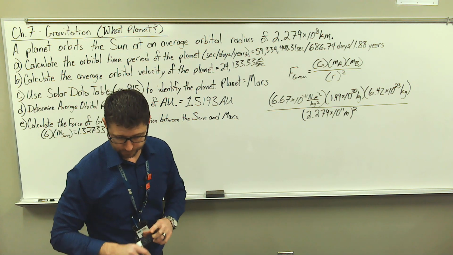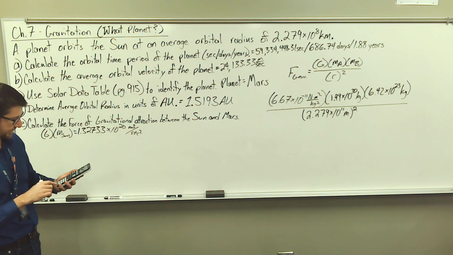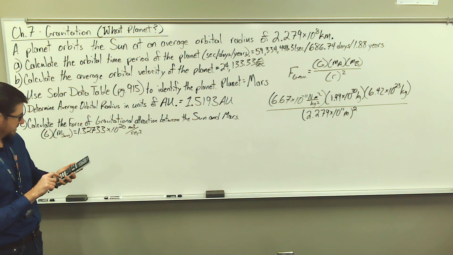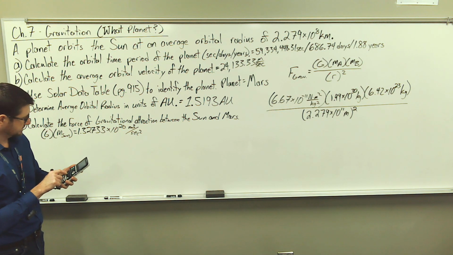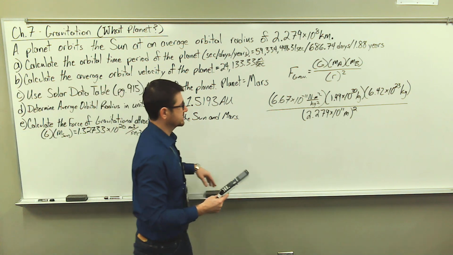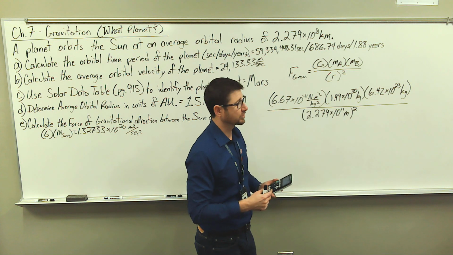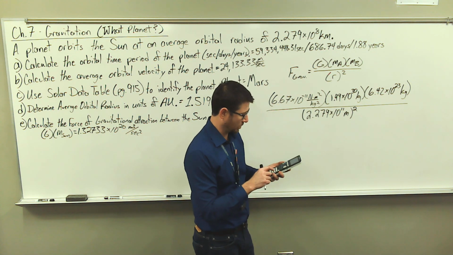So here we go. Okay, so we're multiplying this value by 6.42 times 10 to the 23rd, remember that's the mass of Mars.